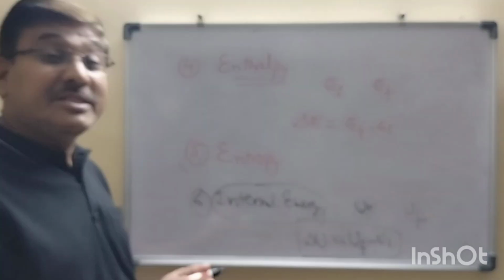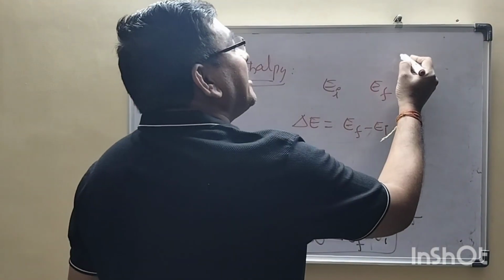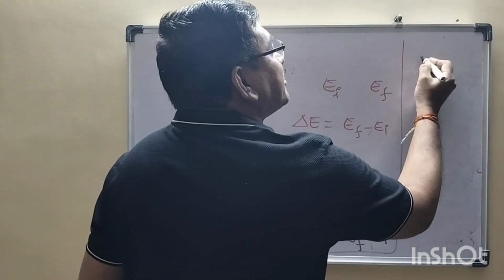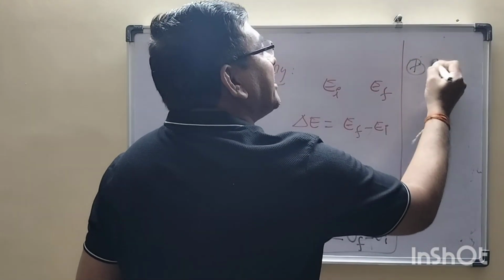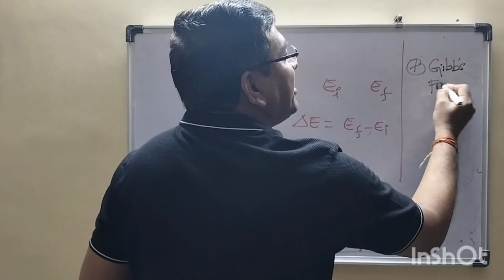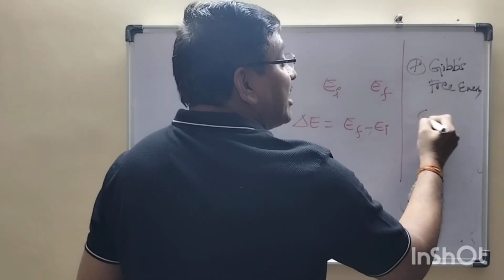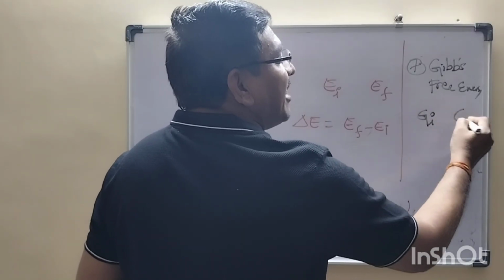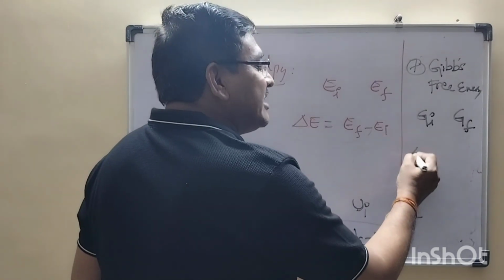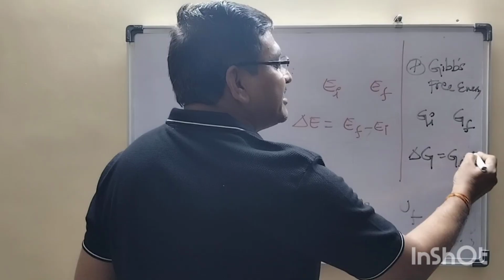Similarly, I take up the Gibbs free energy, the seventh one. Gibbs is a scientist's name. Initial Gibbs free energy is Gi and final Gibbs free energy is Gf. So the change in Gibbs energy, delta G, is Gf minus Gi.